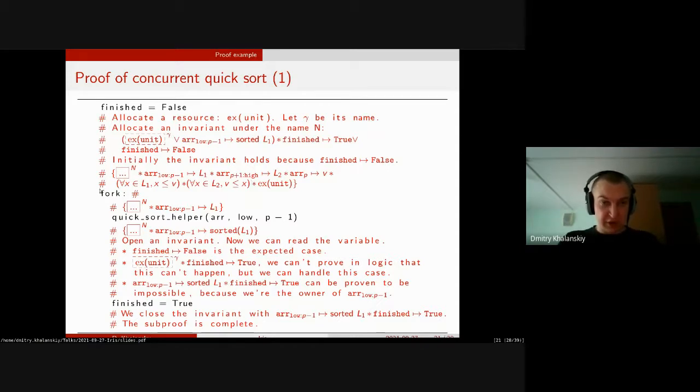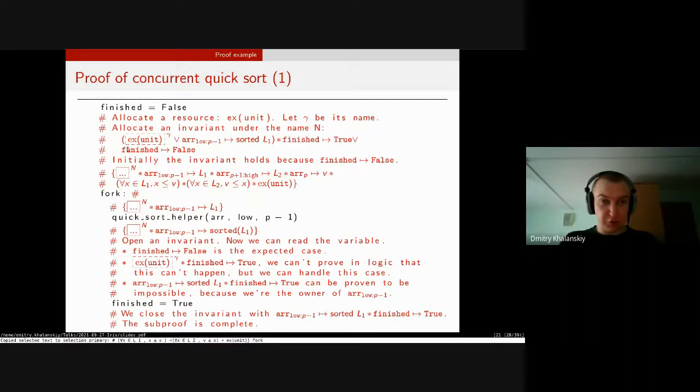When the forked thread writes the true value into the finished variable, it moves from this state of the system as a whole to this state.